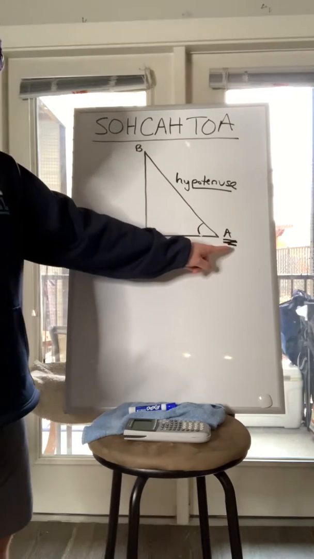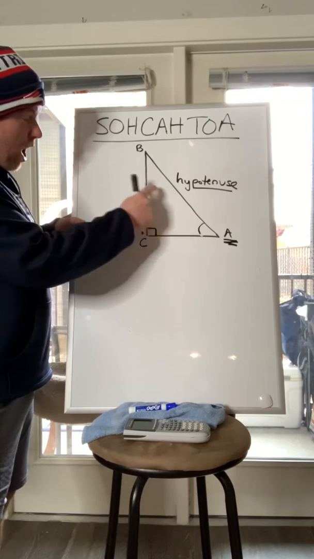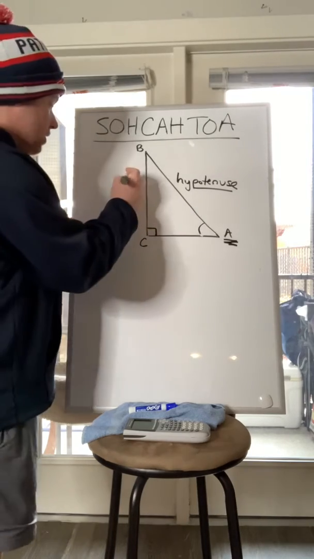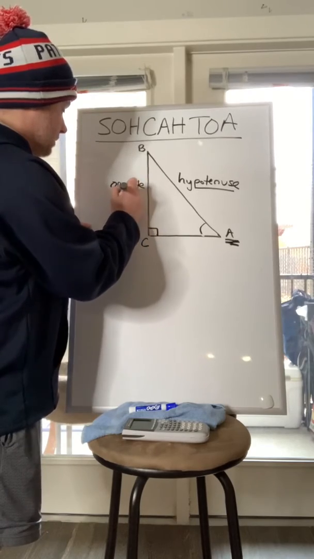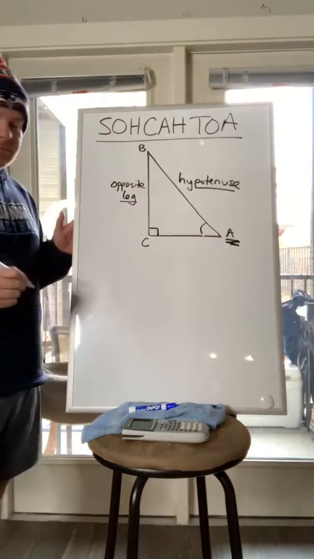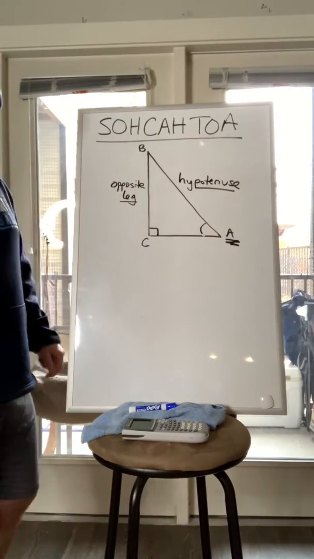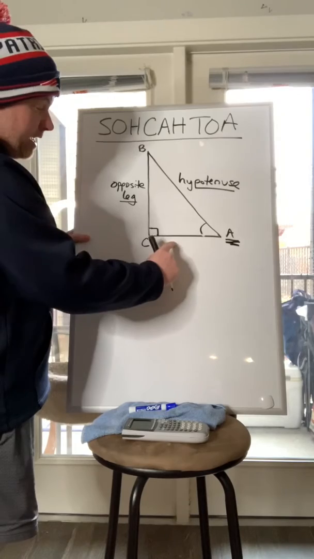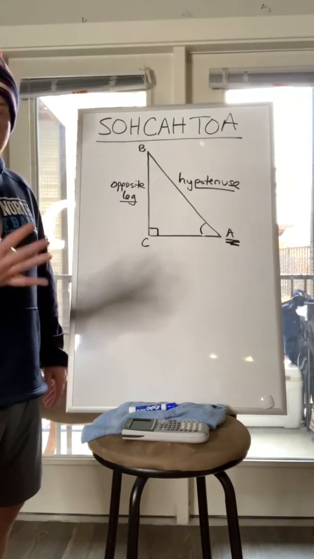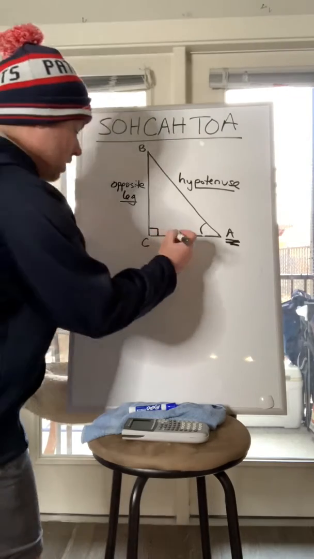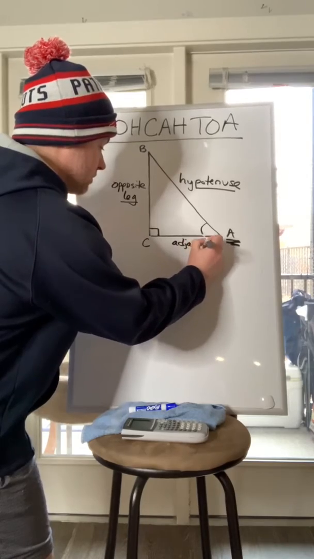But if we're talking about angle A, then this leg right here is opposite angle A, right? So we're going to call this the opposite side, or the opposite leg, because it's across, it's opposite of angle A. And this leg here is right next to angle A. And another word for next to is adjacent. So we're going to call this the adjacent leg.